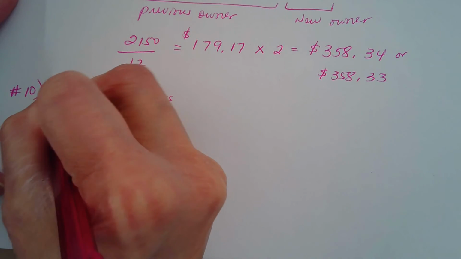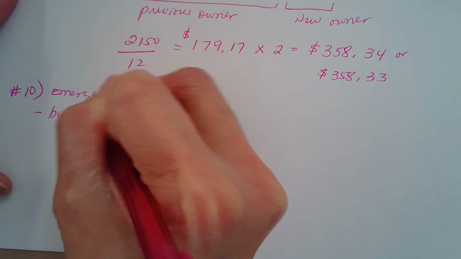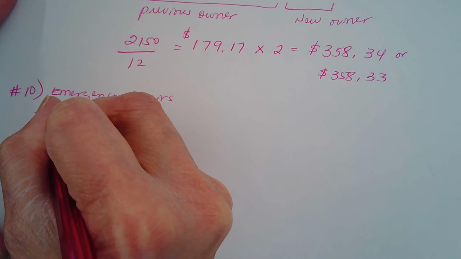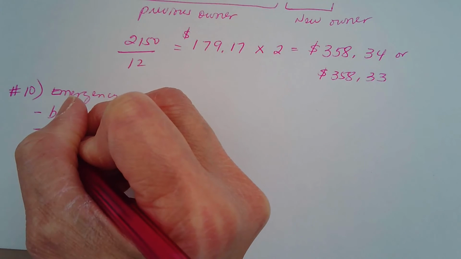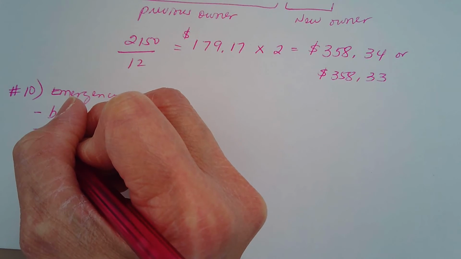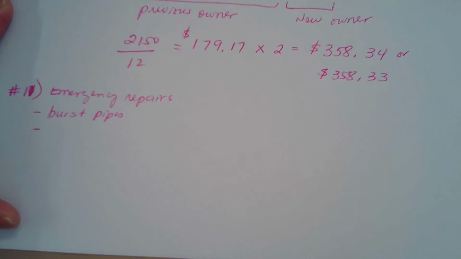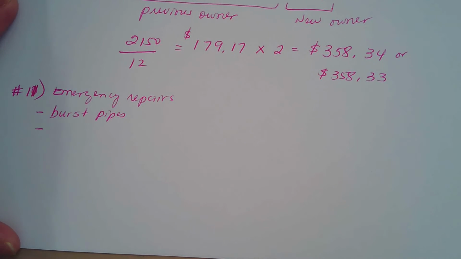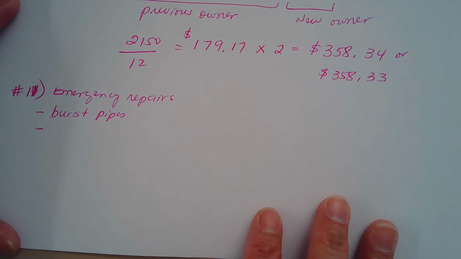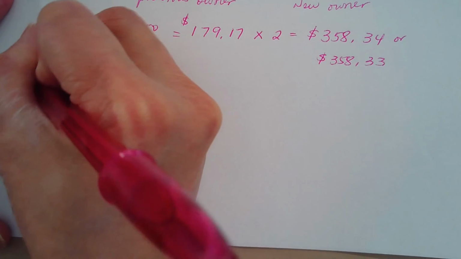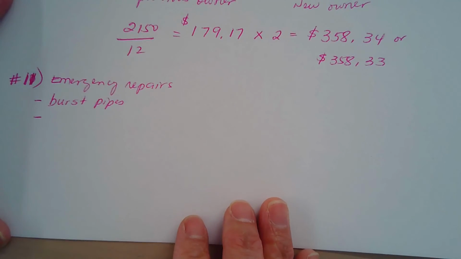Burst pipe. Hot water tank. Okay, burst pipes, yes. Hot water tanks. You're answering question 11. Oh, shoot. Okay, back up. I'll just change this to 11. Sorry, 11, we'll come back to 10.